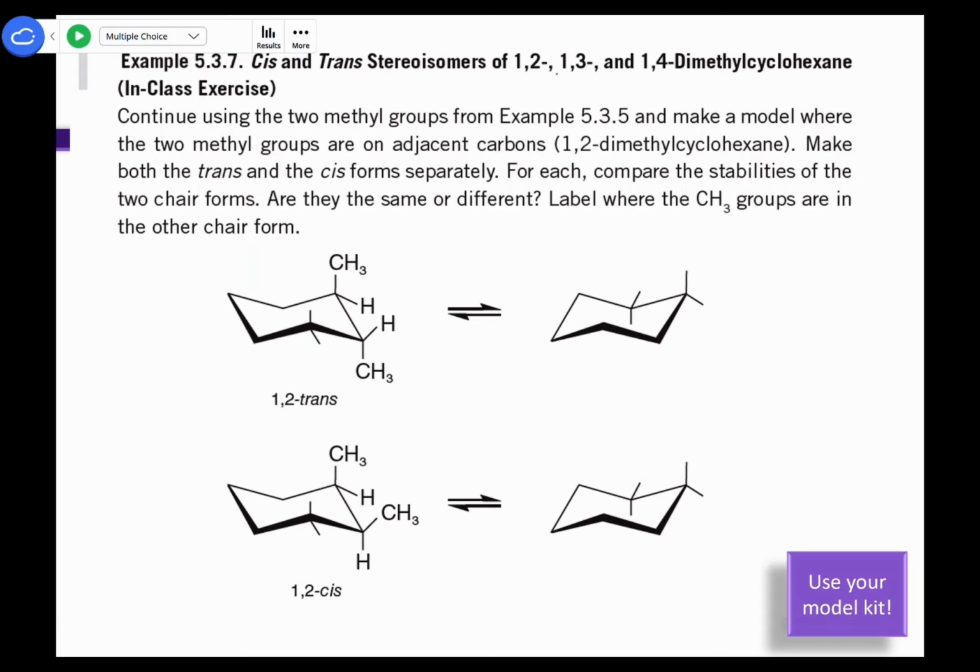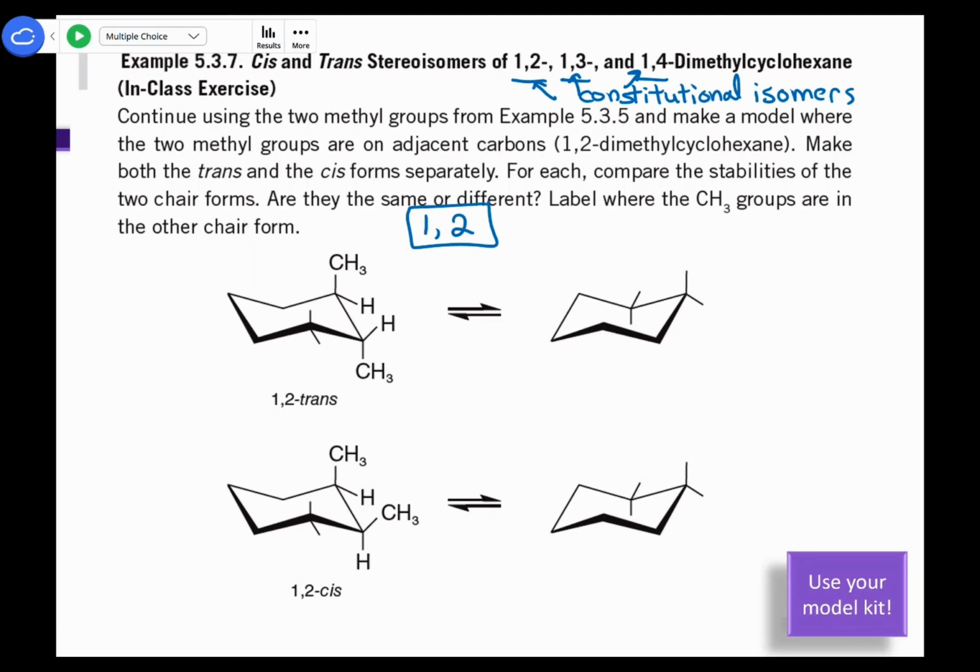In this exercise, it's quite a big exercise, we'll start it today. We're looking at 3 different constitutional isomers of cyclohexane: 1,2, 1,3, and 1,4. Those are constitutional isomers. All the examples that we're going to do on this slide are based on the 1,2 constitutional isomer.